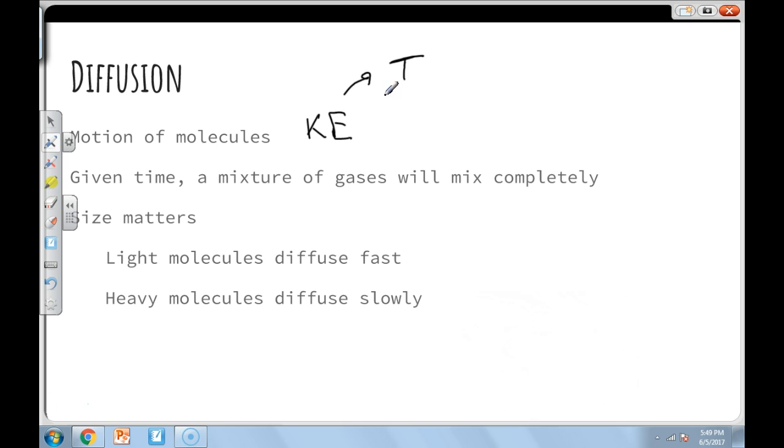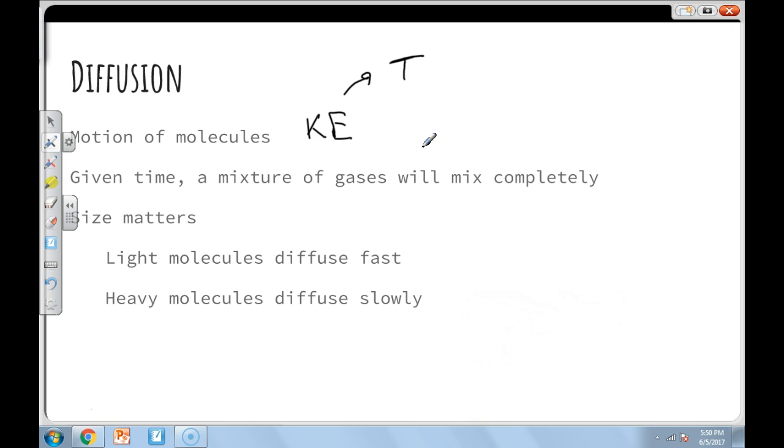In real life terms, the reason why you can smell cookies being baked throughout the house is that, given time, the gases being given off by the cookies fill up the house evenly.